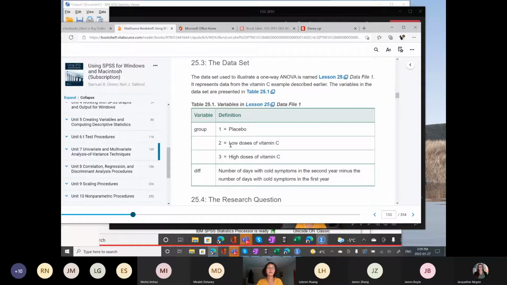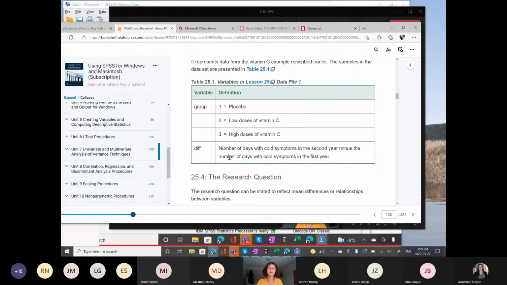Group 2 are given low doses of vitamin C. Group 3 are given high doses of vitamin C. What we are going to do with those 3 groups is take the number of days with cold symptoms in the second year minus the number of days with cold symptoms in the first year.